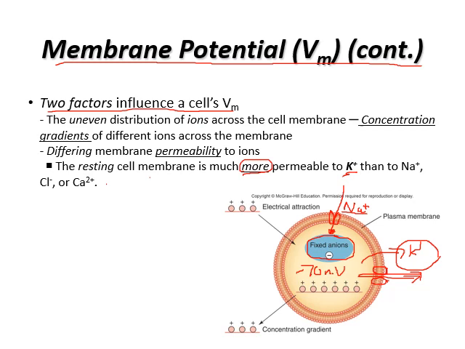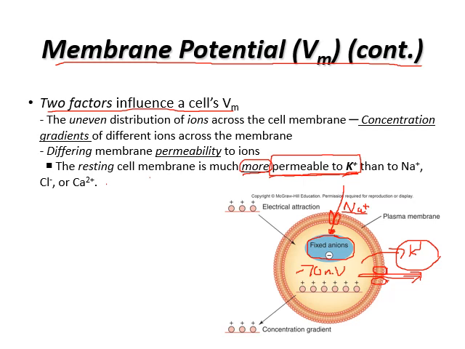So there are a lot more positive ions leaving the cell than coming in. This is the greater permeability to potassium at rest. Again, this is at rest, because at rest these channels are open. We're going to be bringing in voltage gated channels into play.